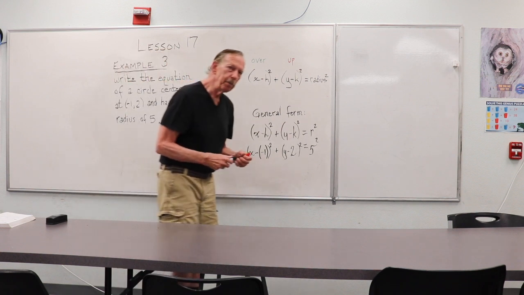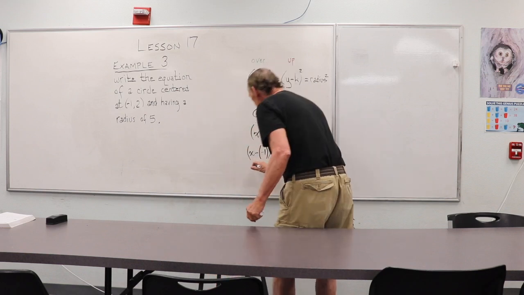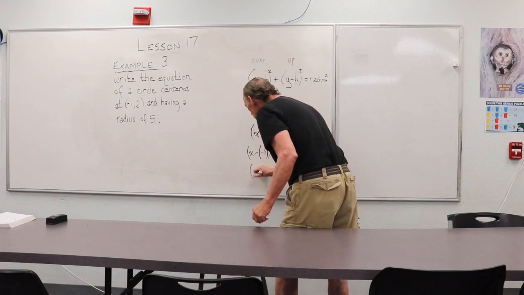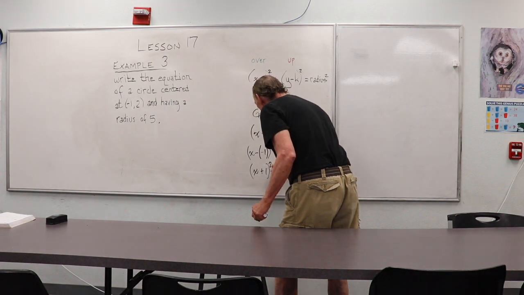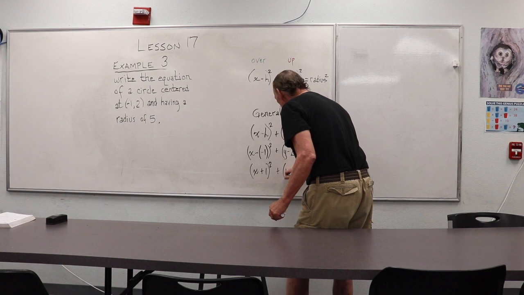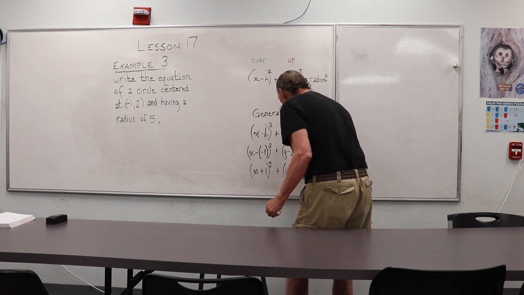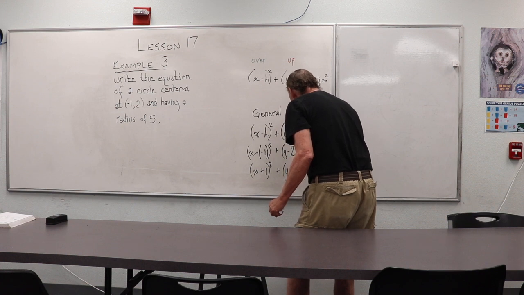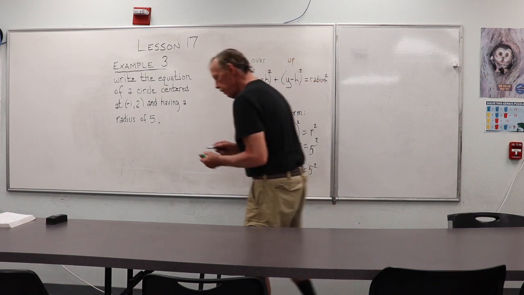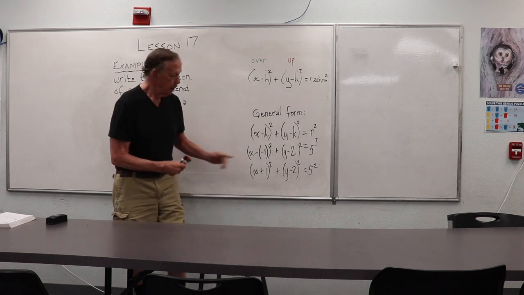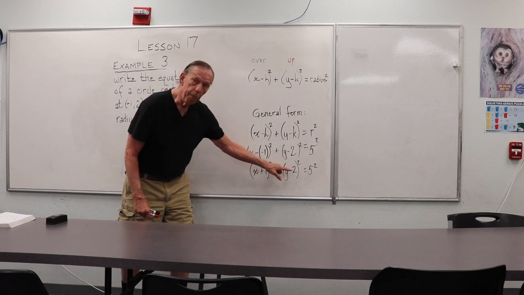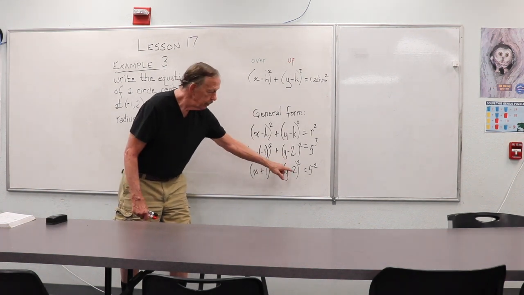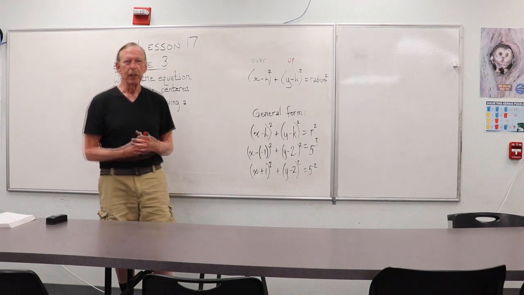So our equation becomes x plus 1 squared and y minus 2 squared is 5 squared.